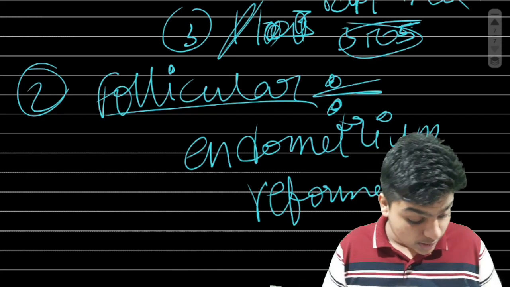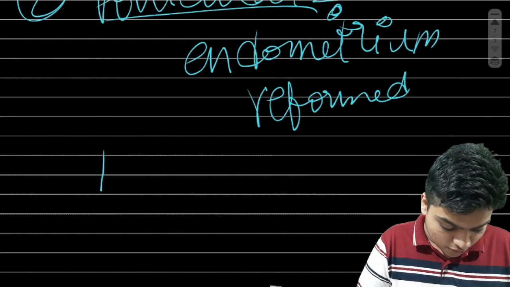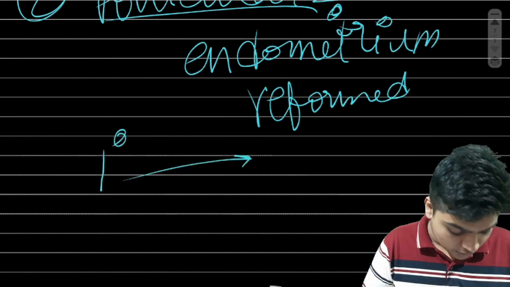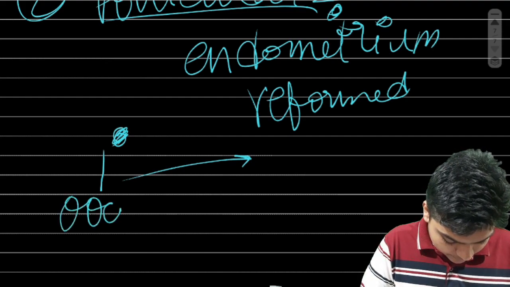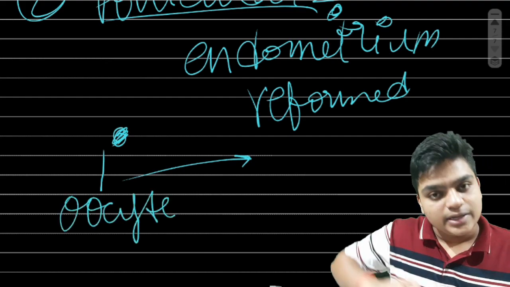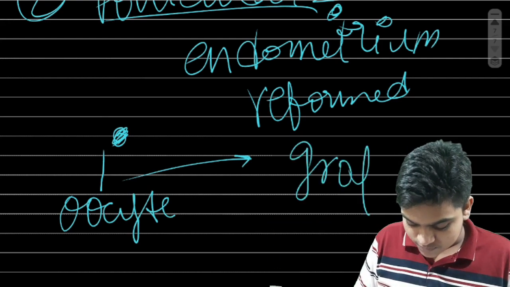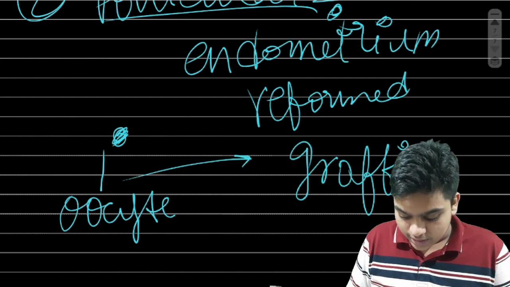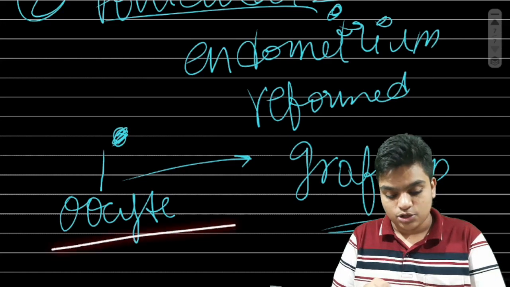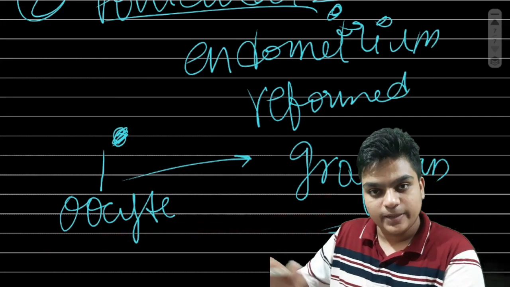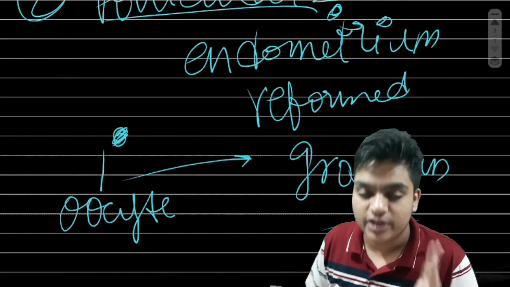My dear friends, the follicular phase is named so because the primary follicle, or you can also say the primary oocyte, undergoes all the changes and finally forms the Graafian follicle. Since this huge follicular formation is taking place, this is called the follicular phase.